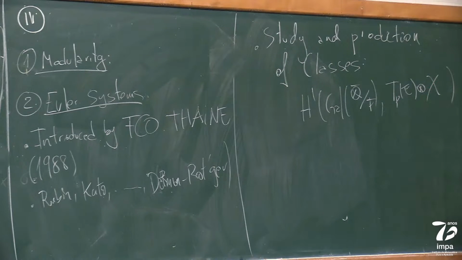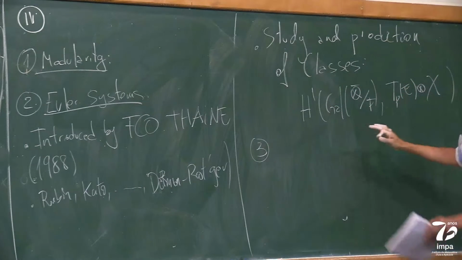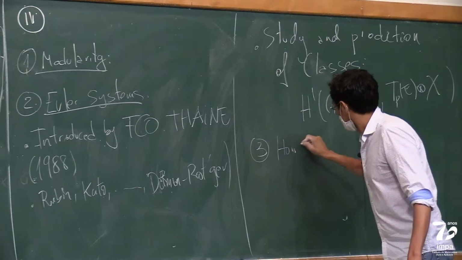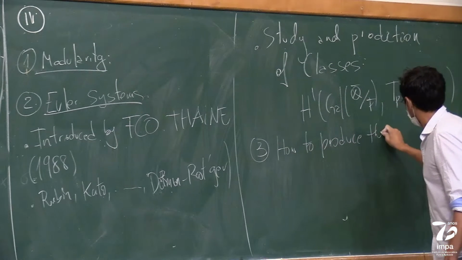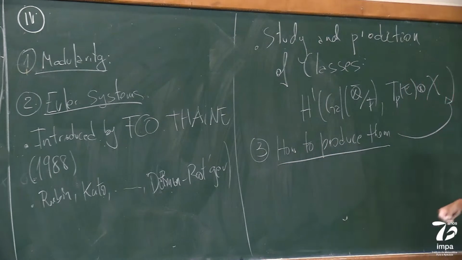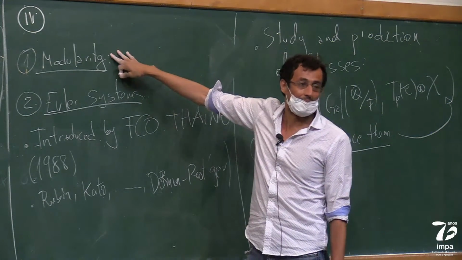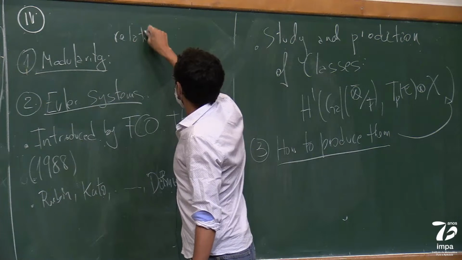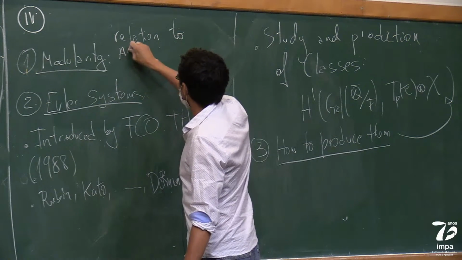That is the idea introduced by Thaine, a formalism to study these classes. We know how to study them, but how to produce them is linked with modularity. Here appears a relation to arithmetic manifolds.